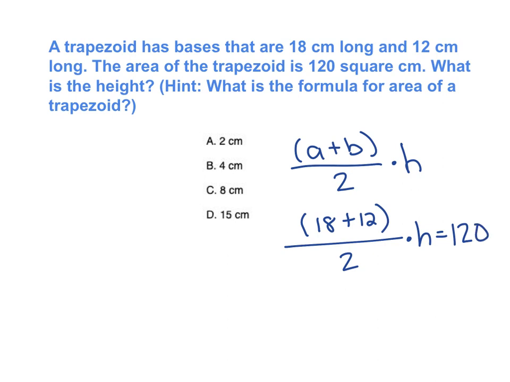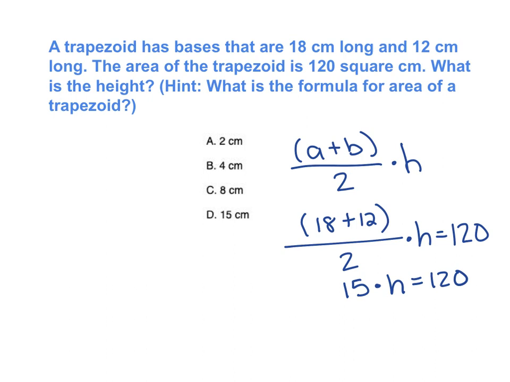Clear your calculator, hit the beginning parenthesis above the 8, and do 18 plus 12, end parenthesis, which is above the 9, divided by 2 equals. And that should be 15. So right now we have 15 times the height will equal 120.